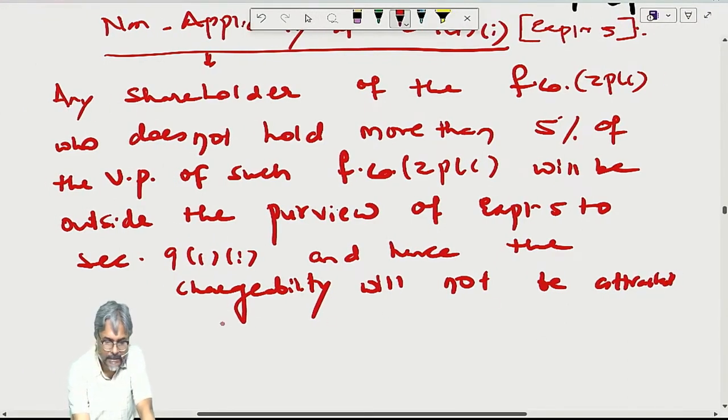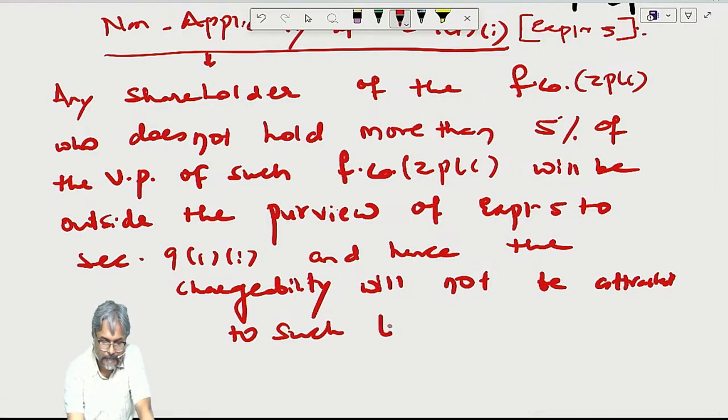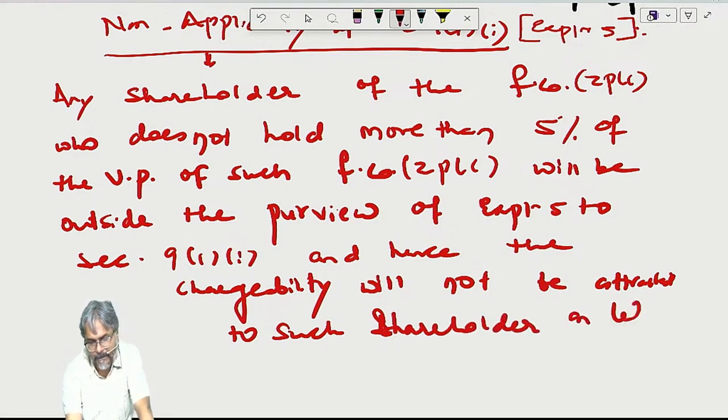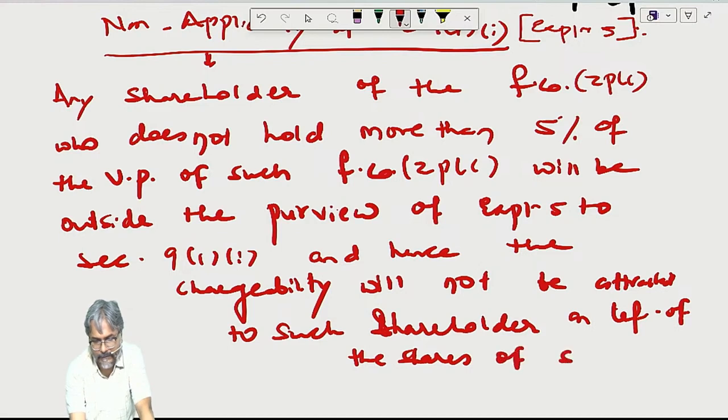Chargeability will not be attracted to such shareholders on transfer of the shares of such company.